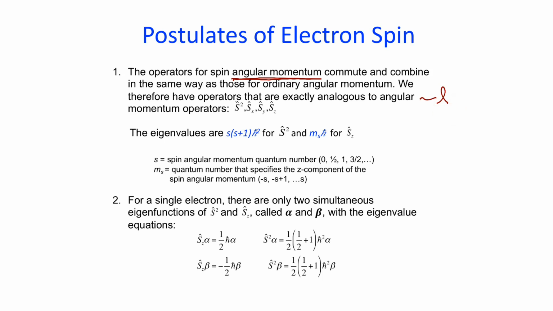Okay, so again, analogously to orbital angular momentum, we have eigenvalues that correspond to these operators that are given by our spin quantum number S. So S times S plus 1 times h bar squared for our total spin angular momentum squared, and m sub s h bar for S sub z.